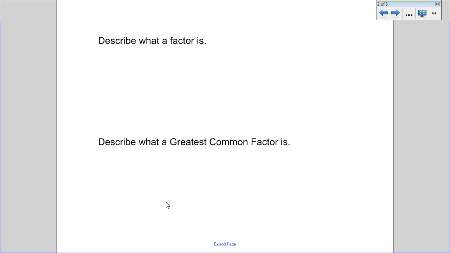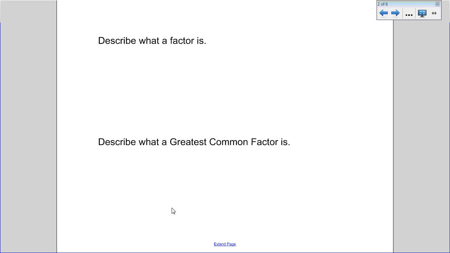So at your table right now, I want you and your partner to either come up with, and yep, you can partner up across the aisle, what is a factor if you have a definition for it, or at least be able to give me some examples of factors. All right? Hands down, Davis, I'm not calling anyone.